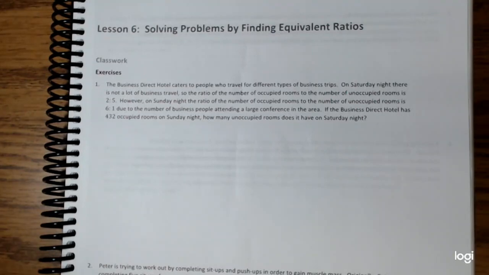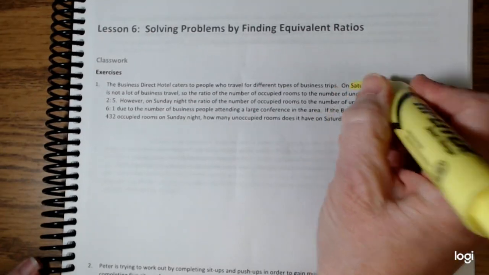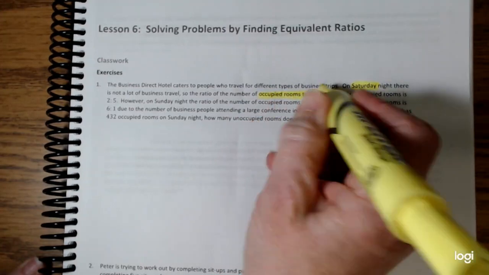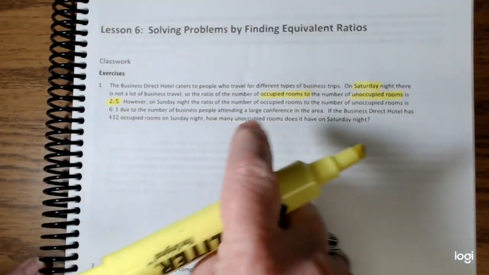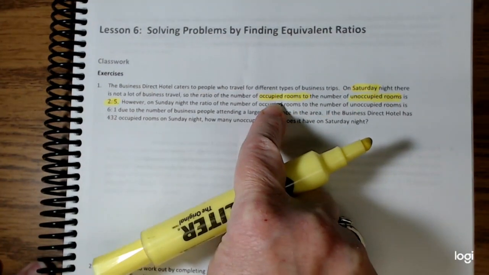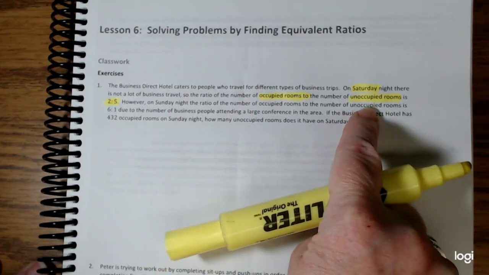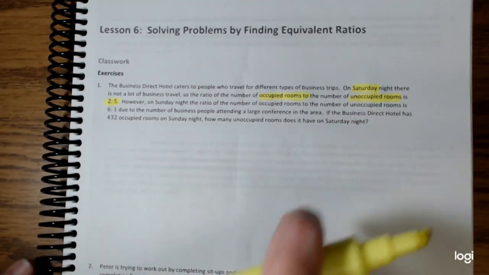So I'm going to stop right there and get my first color of highlighter so I can make sure I understand. We're talking about Saturday, and we're talking about occupied rooms to unoccupied rooms is 2 to 5. An occupied room means someone is staying that night in that room. Unoccupied means that room is empty. No one is staying. Okay, so this is Saturday.